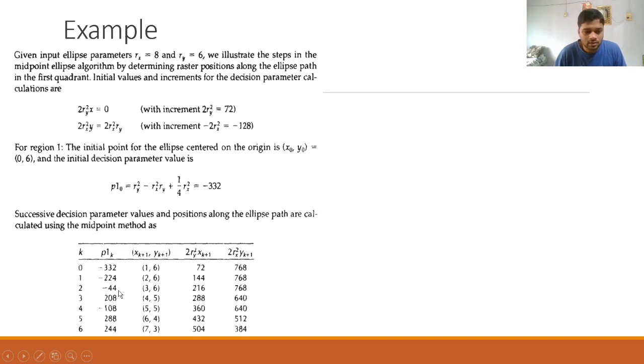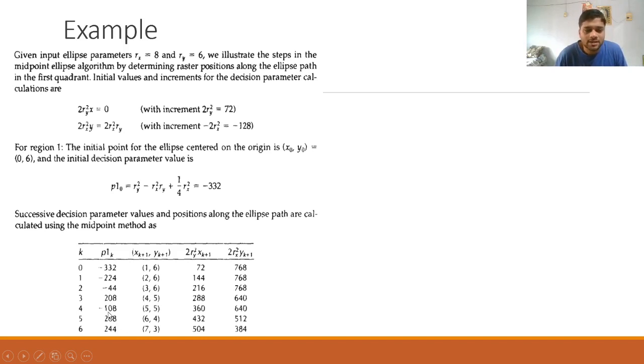The third iteration, k value is 2. Again we get the value of p1k as negative, so we do not decrement y, we only increment x. In the fourth iteration we get the value of p1k as positive, so we increment x and also decrement y.